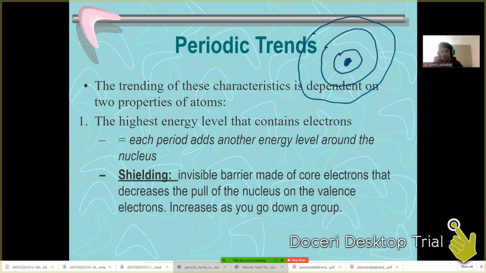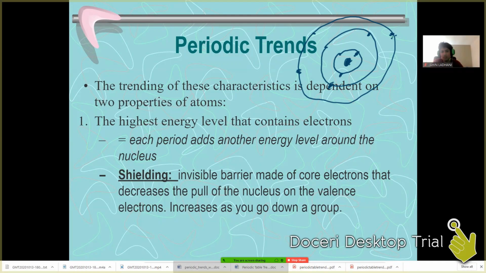All of the positive that there is in this atom is in the nucleus. There's some negatives at each of these energy levels because there would be some electrons. But you can see as I add energy levels, those electrons get farther from that positive nucleus. So the attraction between the nucleus and those electrons would decrease.